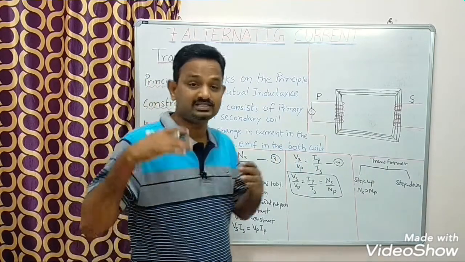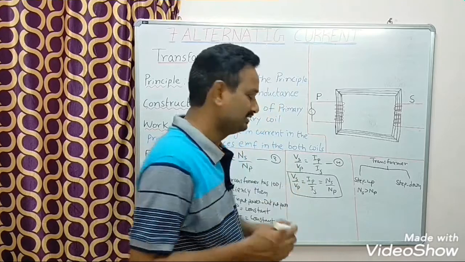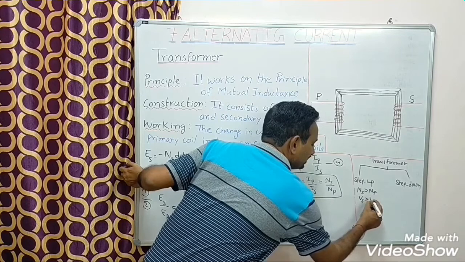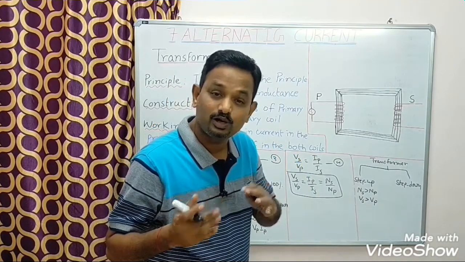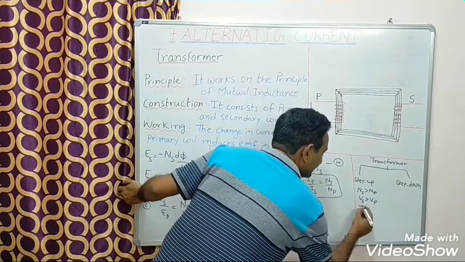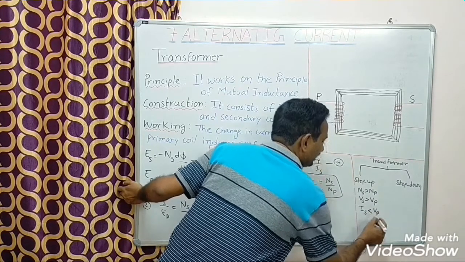And also voltage in secondary coil is greater than voltage in primary coil. And current in secondary coil is less than current in primary coil.